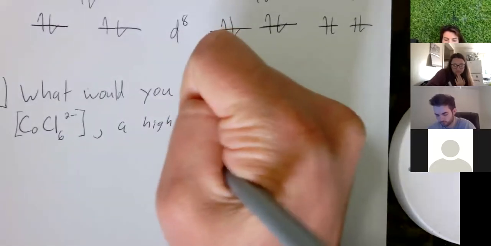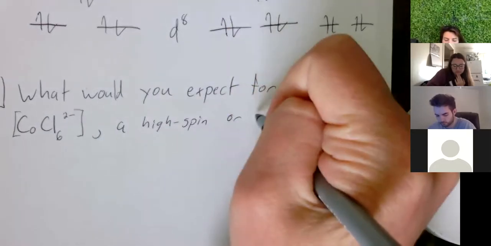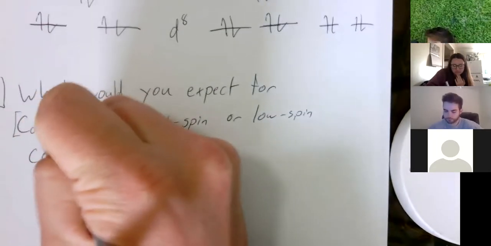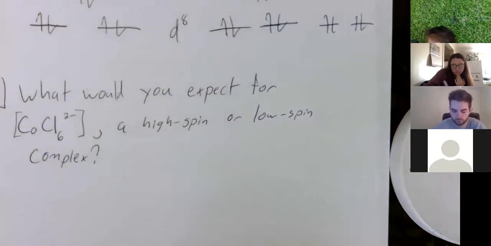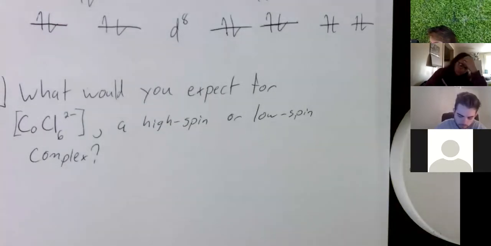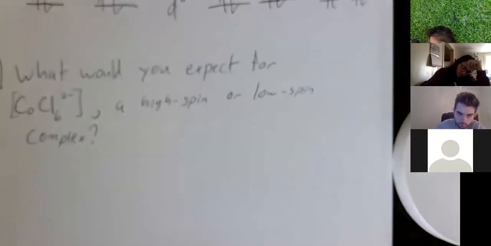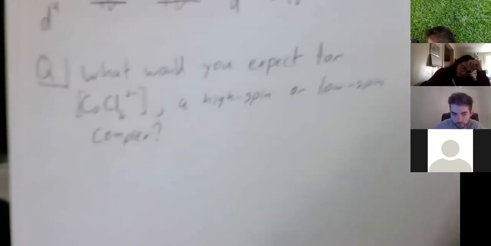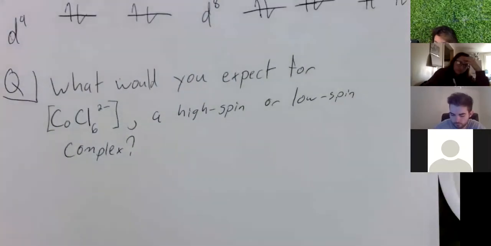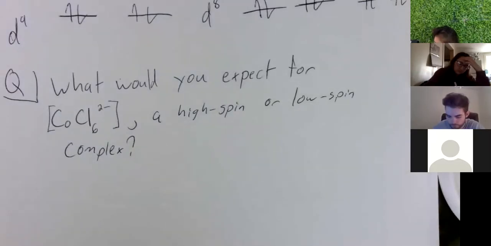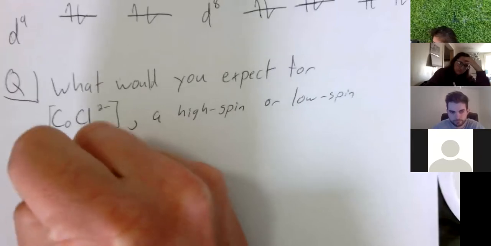High spin or low spin complex? Okay, first thing we want to ask, what type of geometry do we have? Octahedral. Yep. Got octahedral.